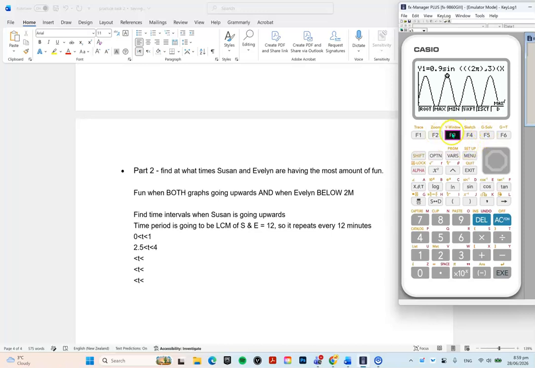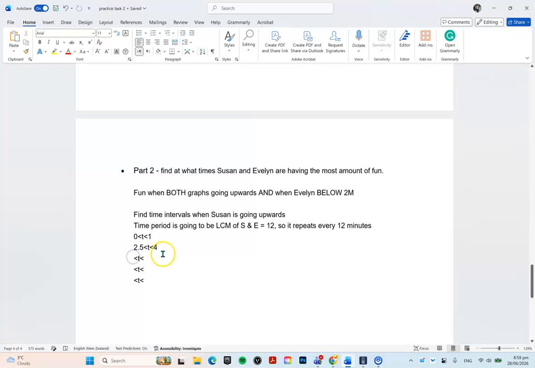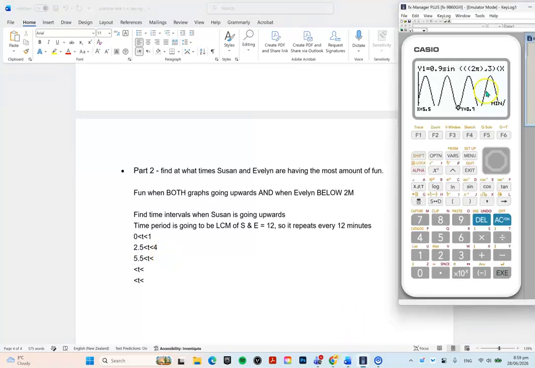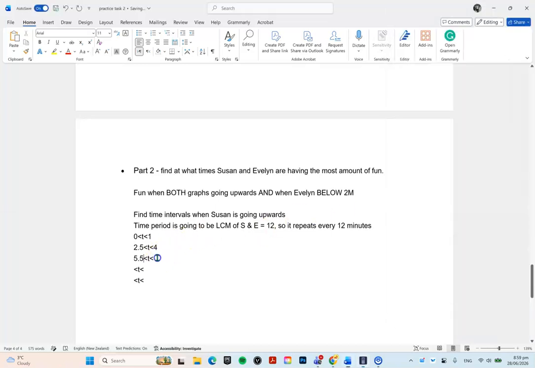And then same process, minimum, arrow key, yeah, 5.5. Okay, because remember we're finding all the ranges when the graph is going up. So here to here, here to here, and here to here. So 5.5, and then if we go G-solve, max, across and across, we're going to get 7.